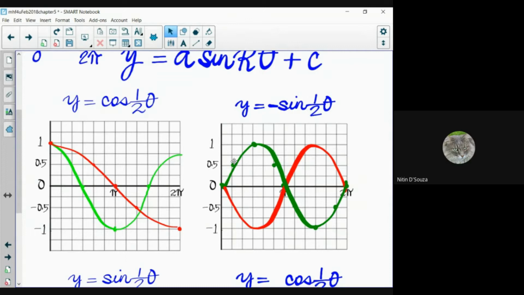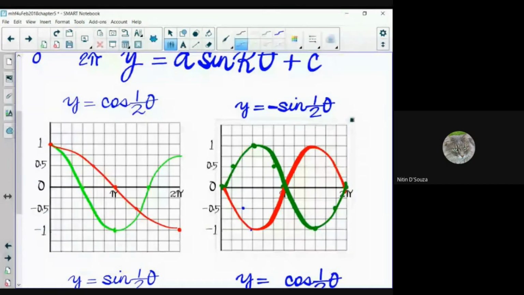The next thing is I got to involve K. K means I take my x values and multiply by 2. So minus sine theta goes here. Minus sine half theta will go here. This is at 3 squares, so it should be at 6 squares.